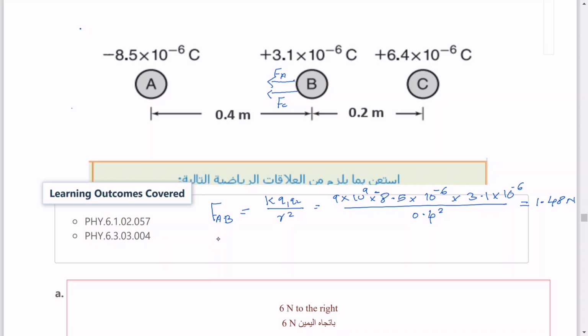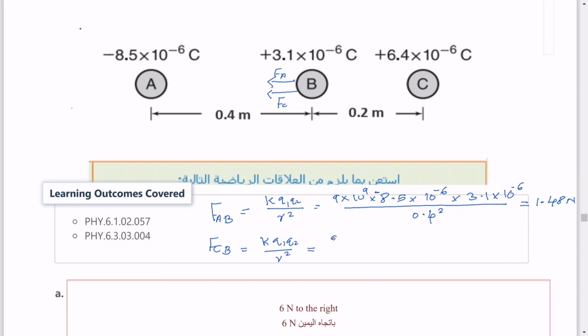Then next, the second force experienced by the charge B, that is applied by charge C, FC, the force applied by C on B, equals K multiplied Q1 multiplied Q2 over R squared.